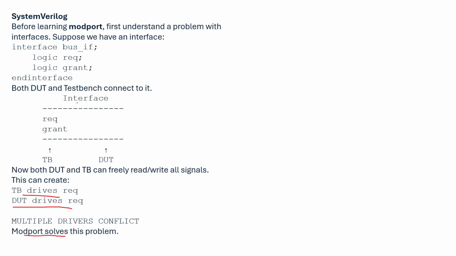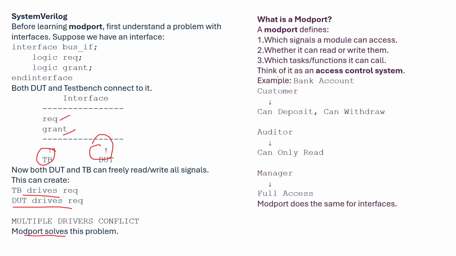Like this interface, request and grant: TB and DUT both are driving all the signals at the same time, so we may get a conflict. To avoid that conflict, we use mod ports. That is the reason we go for mod ports. Mod ports define which signals a module can access.